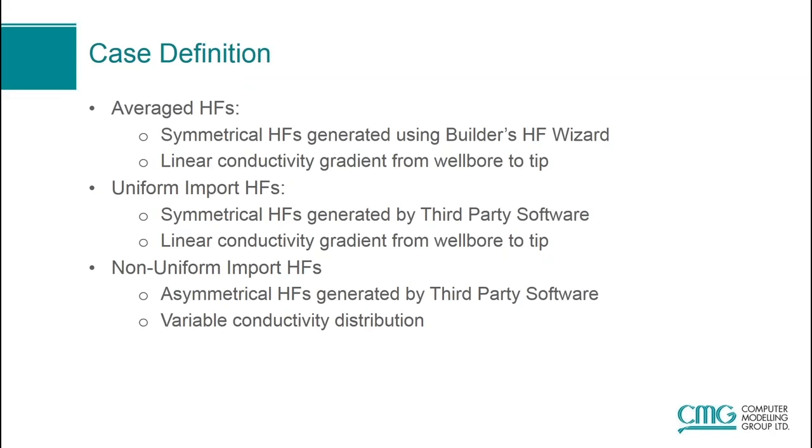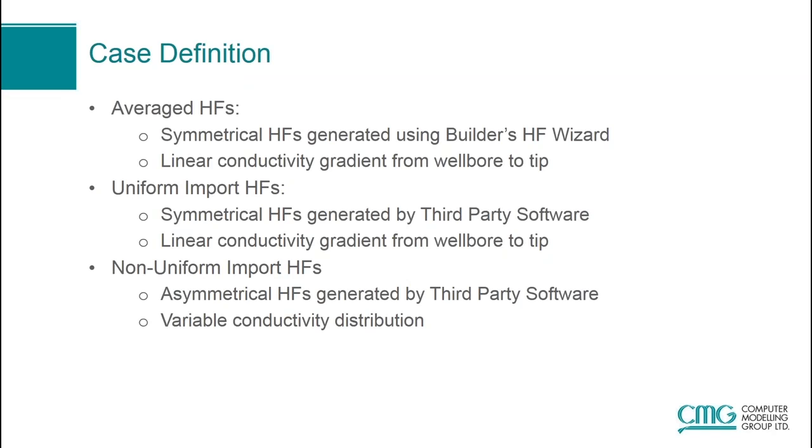The second case, we imported a file from a third-party hydraulic fracturing tool and we generated, again, symmetrical hydraulic fractures with a linear conductivity gradient from the wellbore to the tip.